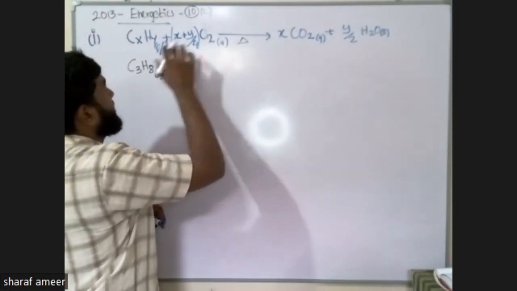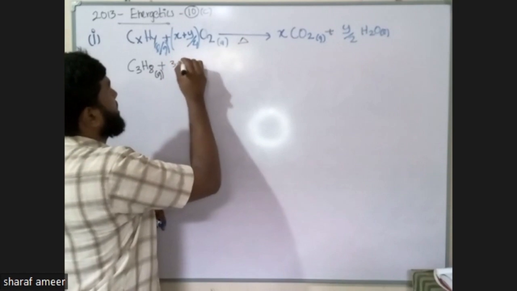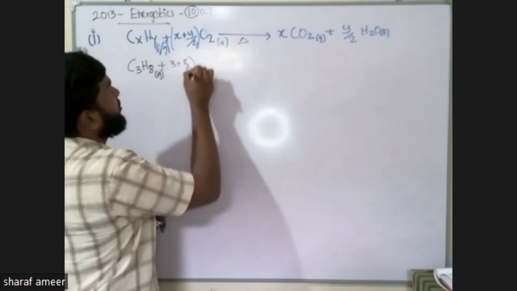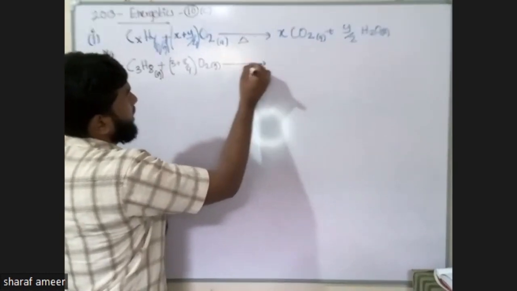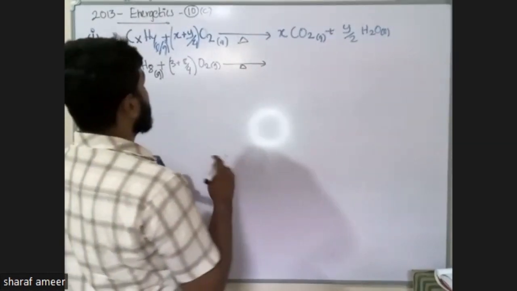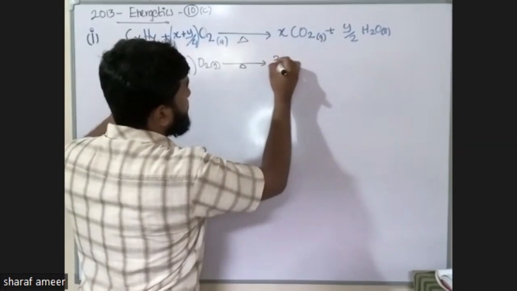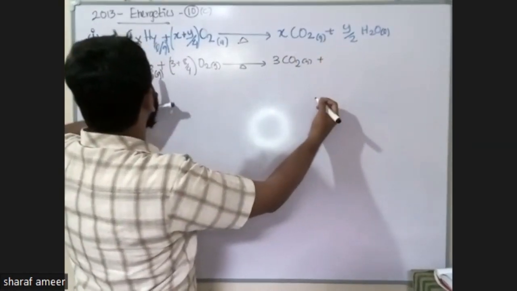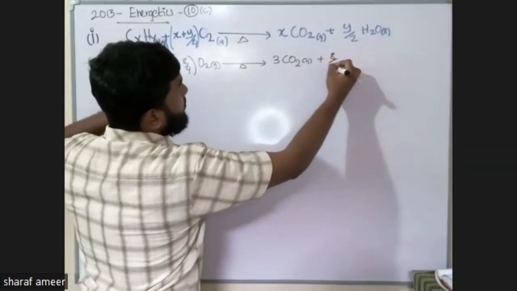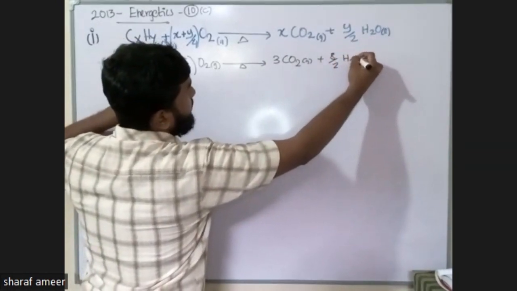C3H8 plus 3 plus 8 by 4 O2 gas under combustion gives 3 moles of CO2 gas and 8 over 2 moles of H2O liquid.